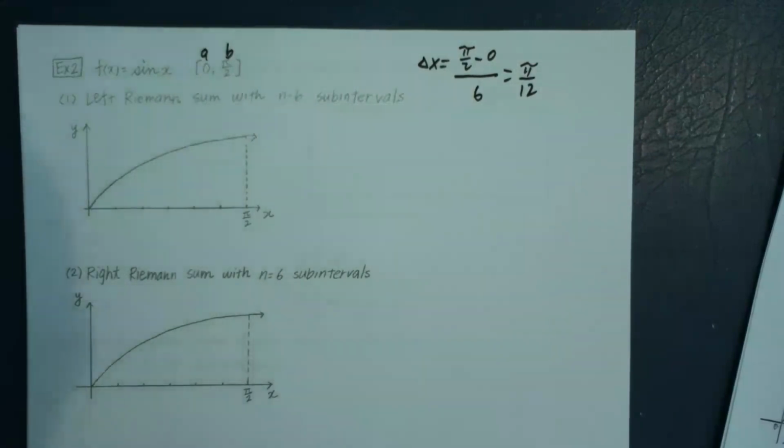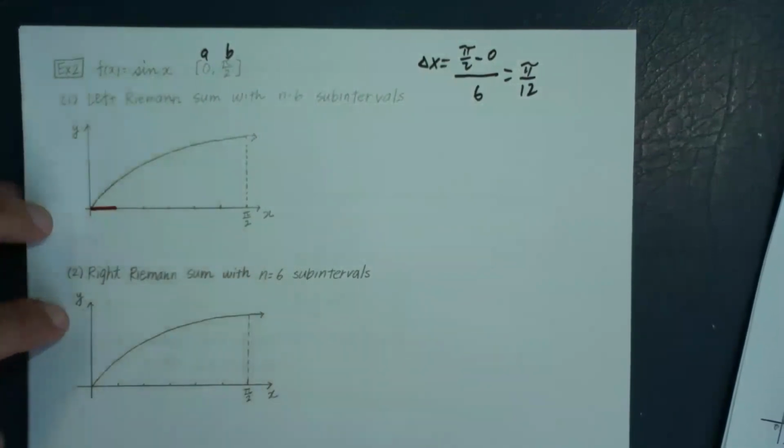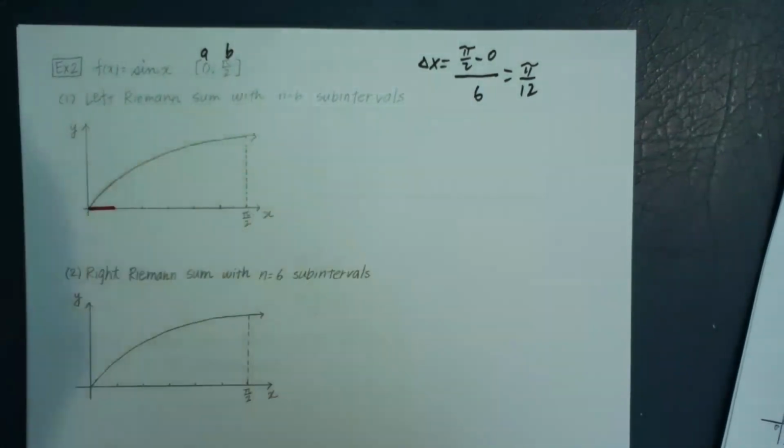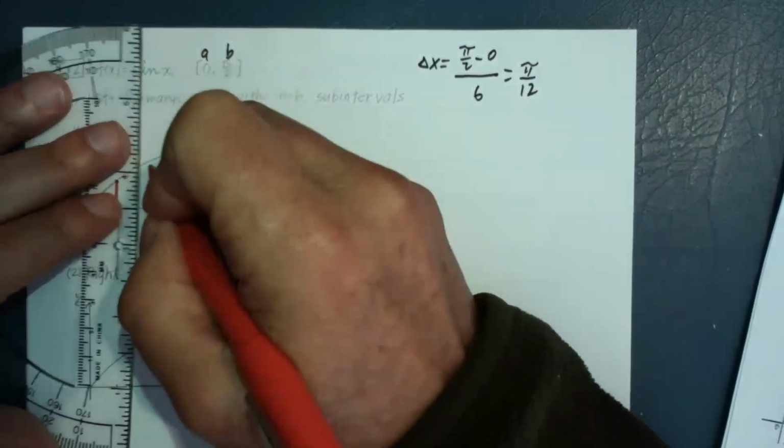First off, we need to partition them off. And because we're doing a left Riemann sum, this one here is going to be 0. Then we have each of our partitions.